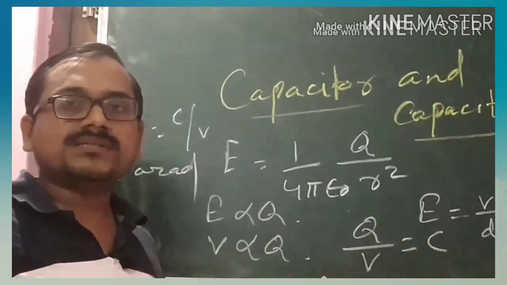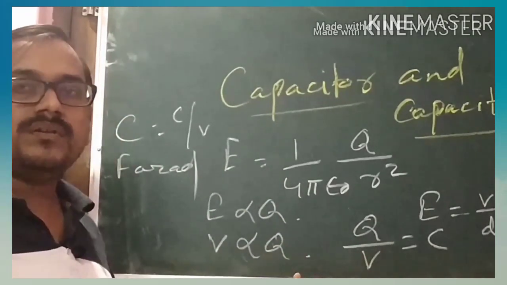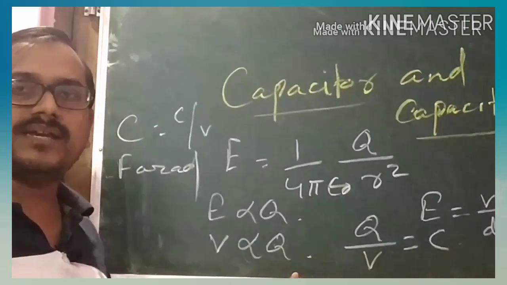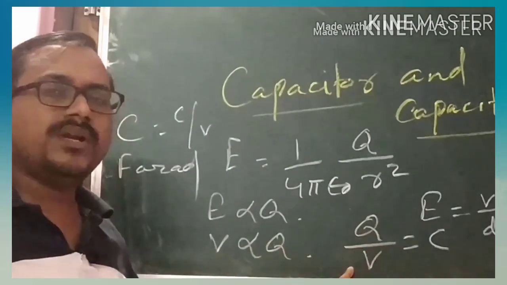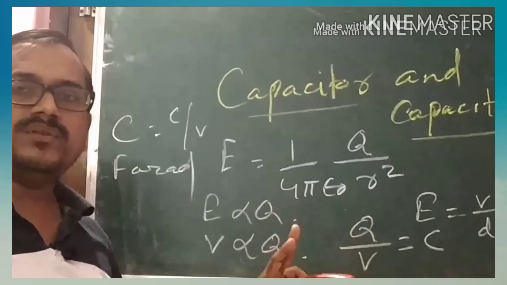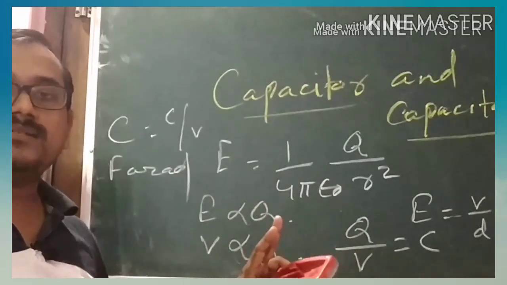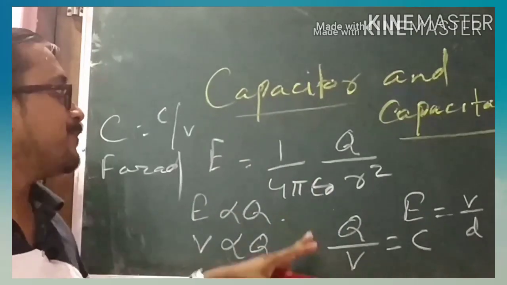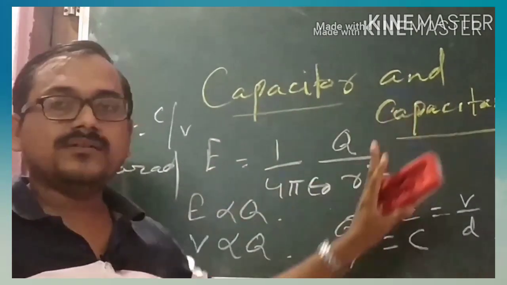The capacitance of a capacitor depends upon the geometrical conditions, like shape and size. It never depends upon the Q and V values. It only depends upon the shape, size, and the dielectric of the intervening medium. So this is the capacitor and the capacitance.